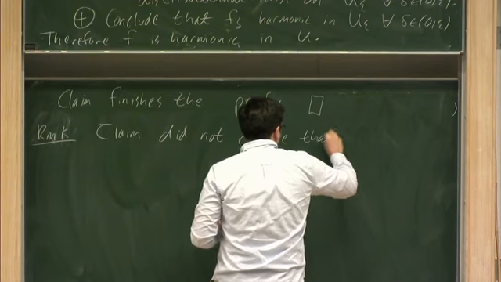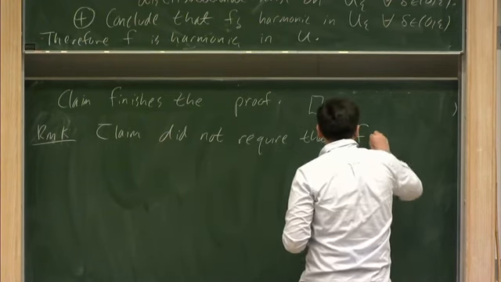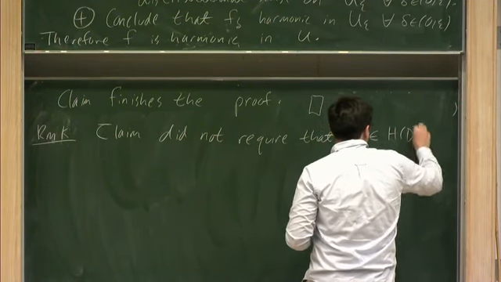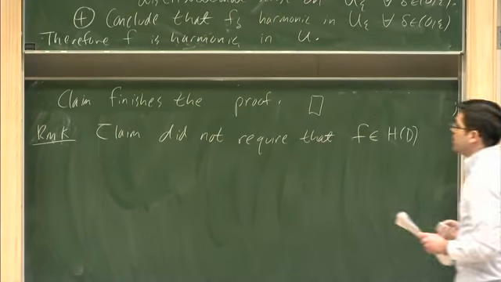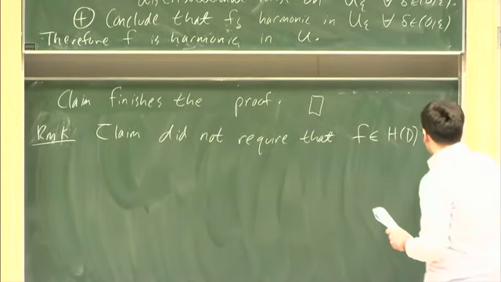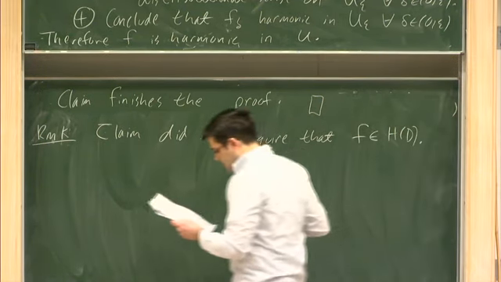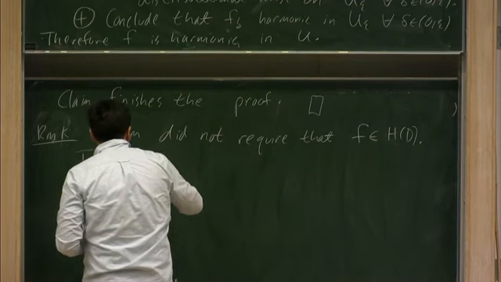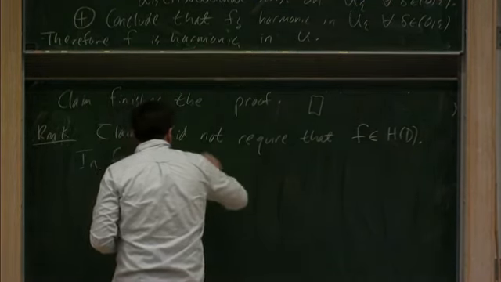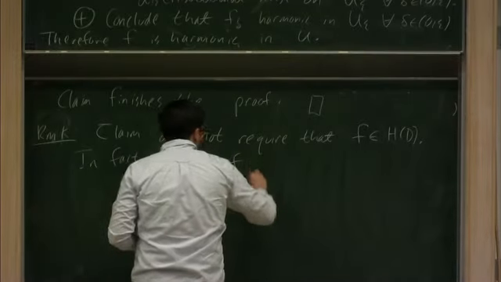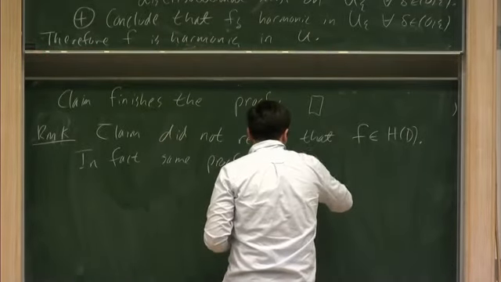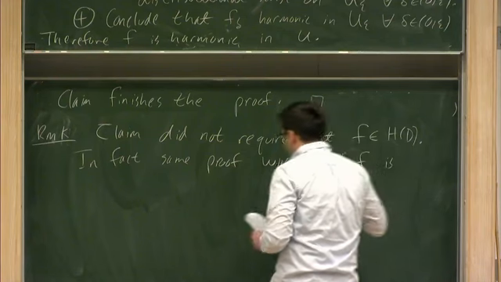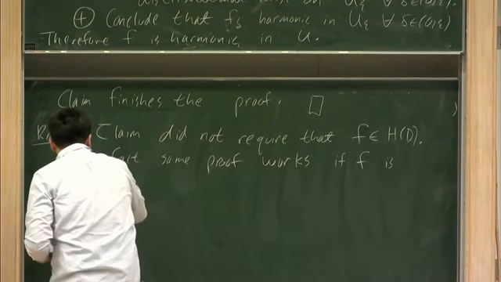that the function we started off with, f, is in H of D, which we knew to be the case in the context we were using it, but in reality this is actually much stronger. In fact, the same proof is going to work if your f is just a distribution.